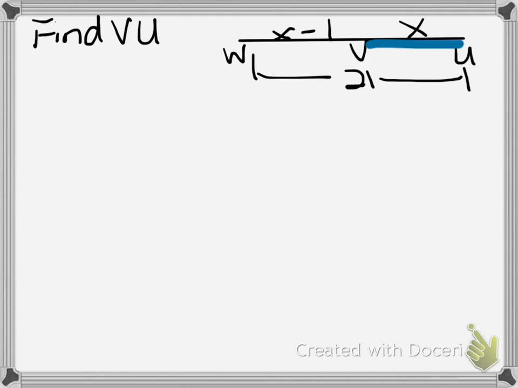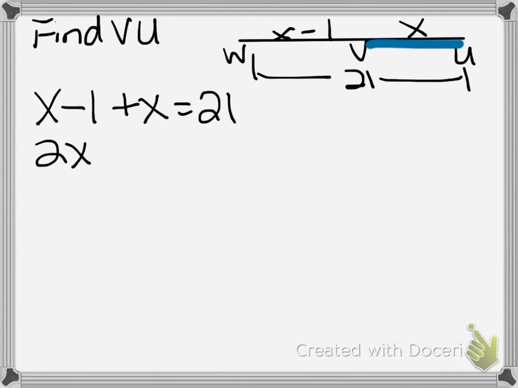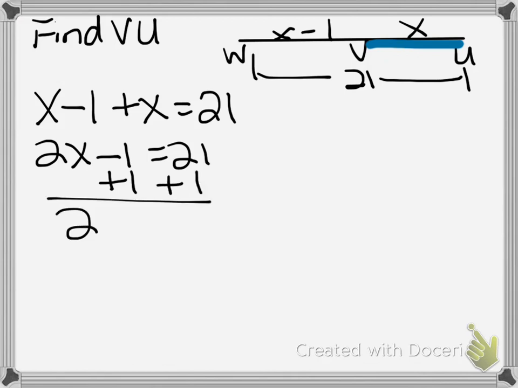So we're going to set up our equation just like we did yesterday. We're going to do x minus 1, x plus x equals 21. We're going to put together our like terms, so x plus x gives us 2x minus 1 equals 21. Add 1 to both sides. 2x equals 22.